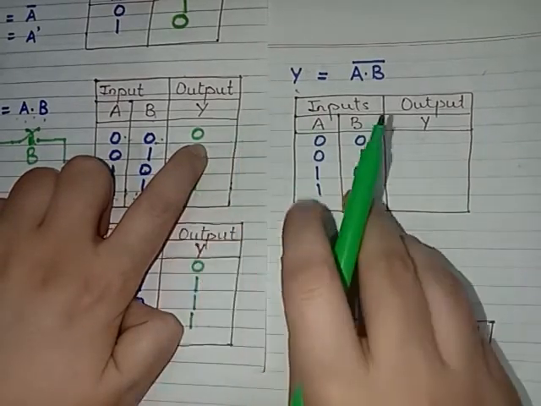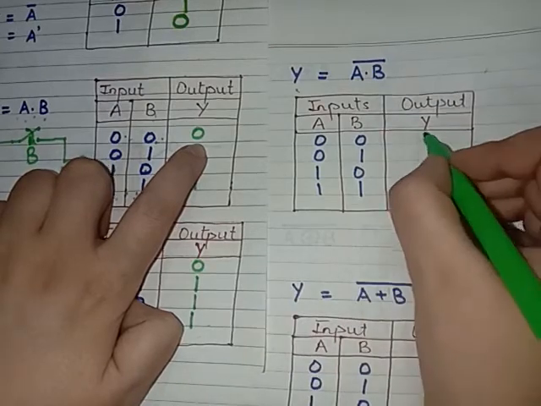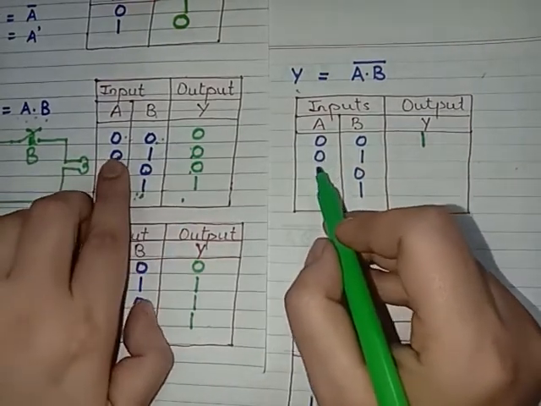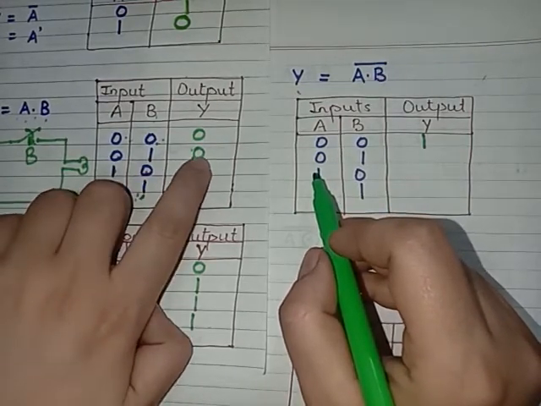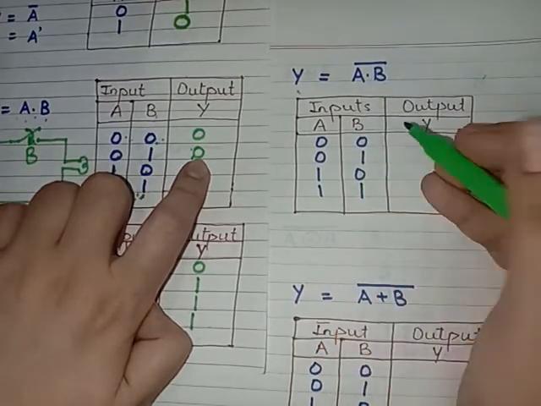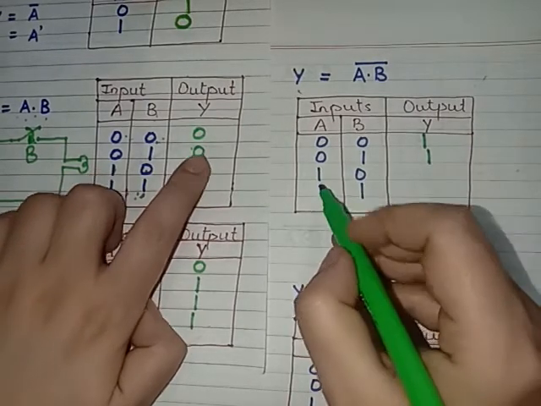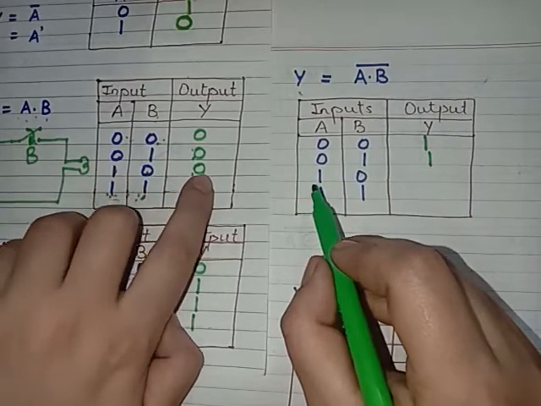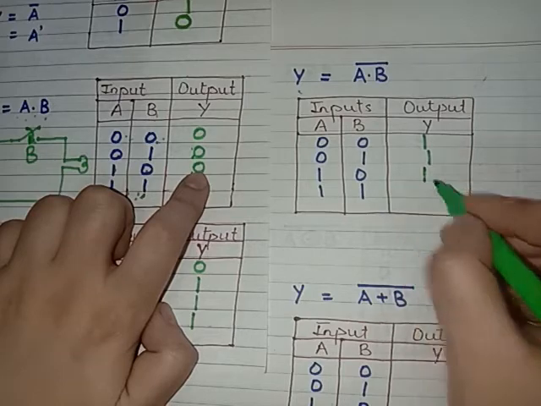But in the NAND gate, you take the complement also, so the output will be 1. In the second case, the AND gate has a 0 input and 1 input, the output is 0. But in the NAND gate, you take the complement again, so the output will be 1. If 1 and 0 input, the output is 0, but in the NAND gate, after the complement, the output will be 1.